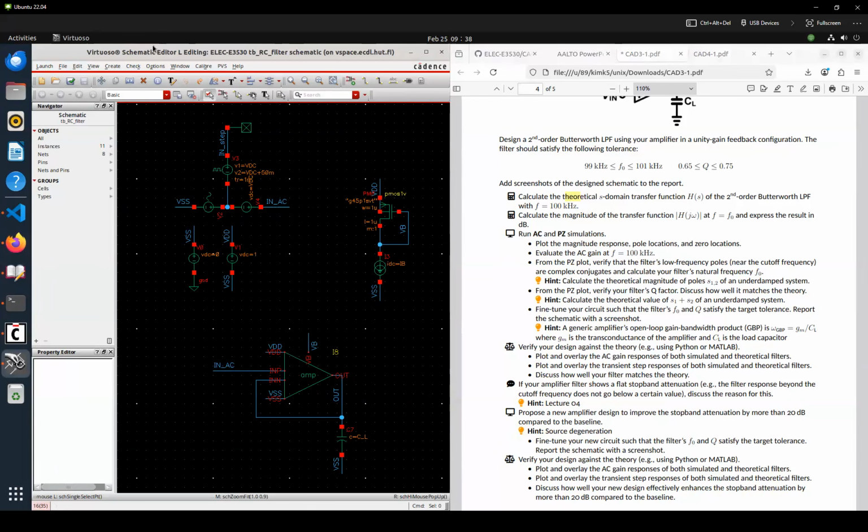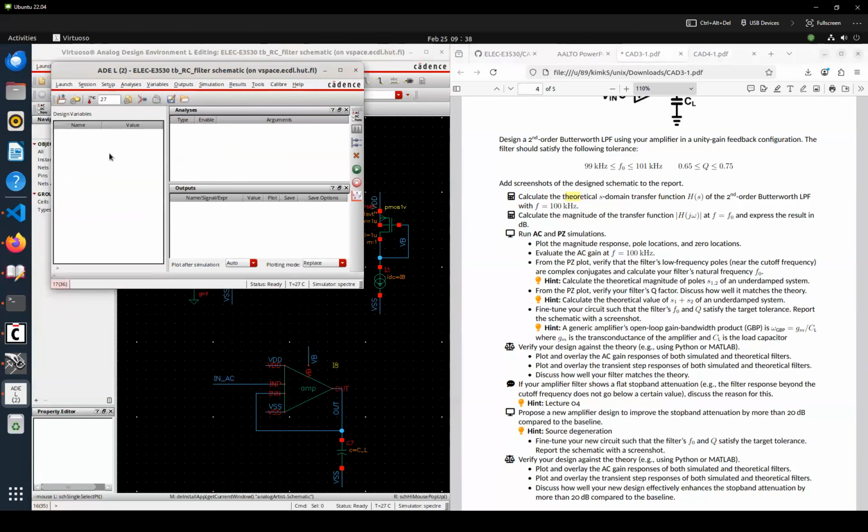For the AC analysis, let me set up again quickly. My case was 100 femtofarad for stabilized amplifier response, and VDC, let's set 0.4 volt.